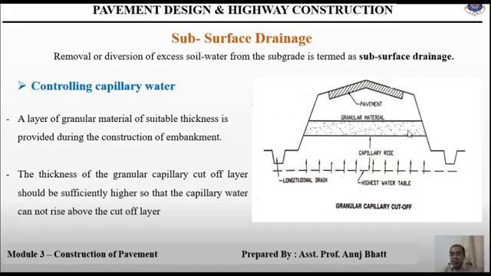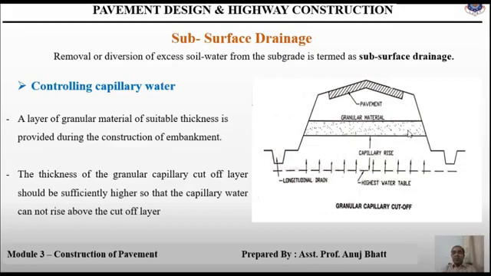The thickness of the granular capillary cutoff layer should be sufficiently higher than the anticipated capillary rise, that is within the granular layer, so that the capillary water cannot rise above the cutoff layer. So this is how we prevent the water rise by using the granular material.